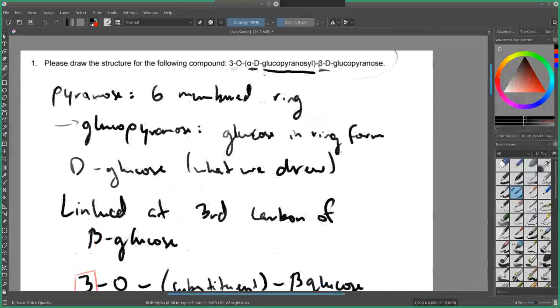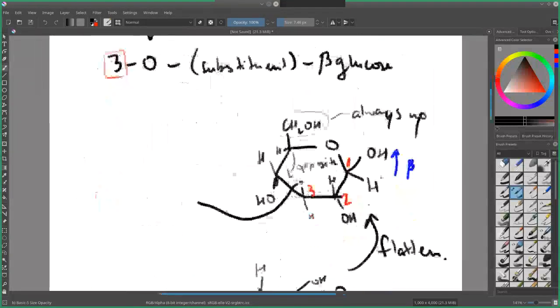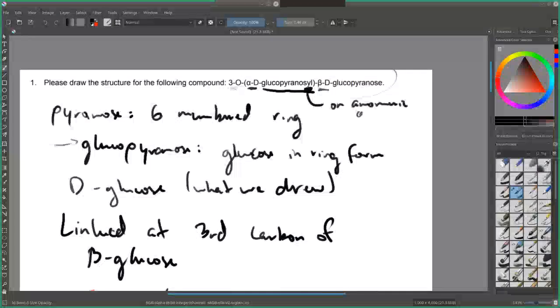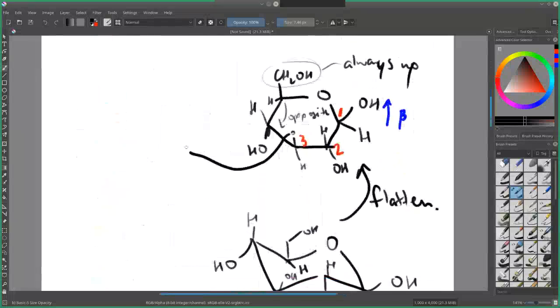And in this case, when it's written like this, glucopyranosyl, that means that it's on the anomeric carbon. So this one has its own anomeric carbon, so it is bonded there.